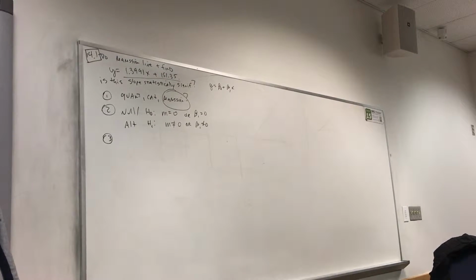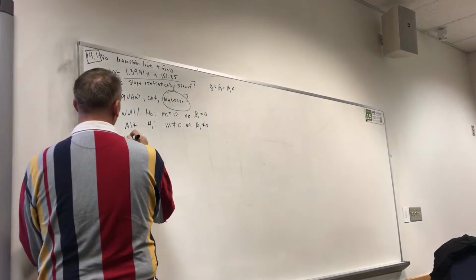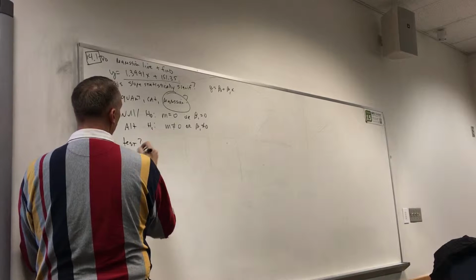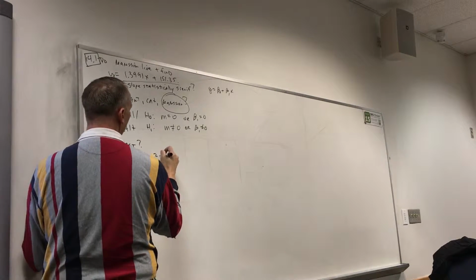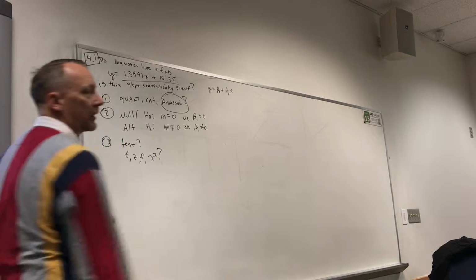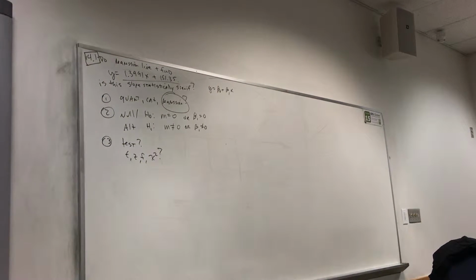Take a test, right? And my 4 options are T, Z, F, and chi-squared, right? Okay, so based on what you know, what test do you think we should use and why?